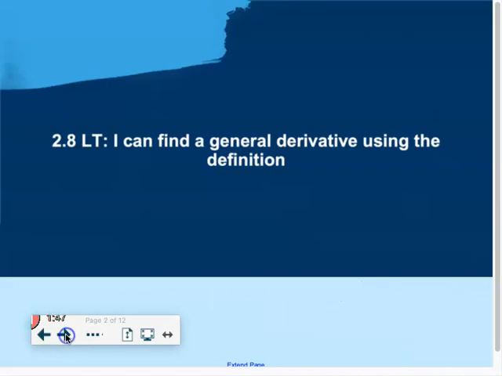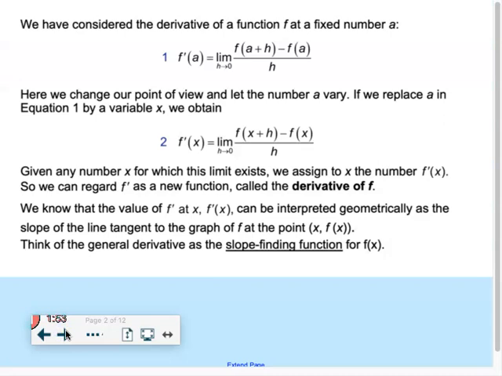All right, this is section 2.8, general derivatives, last section of the unit. And we're going to start with this guy right here. So yesterday we did a problem towards the end where instead of plugging in a number for A, we kept A. Do you remember that?